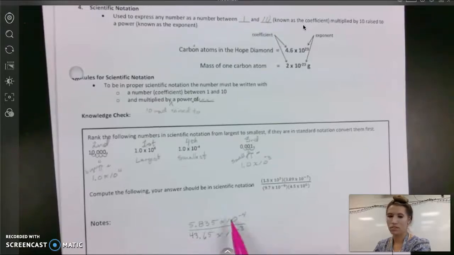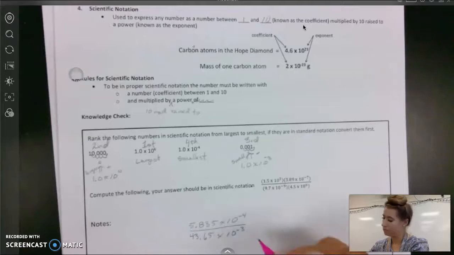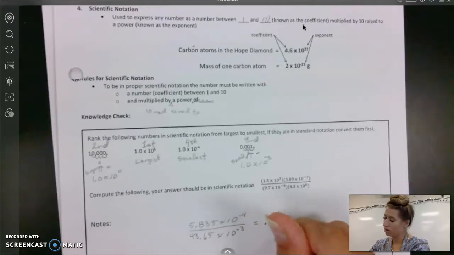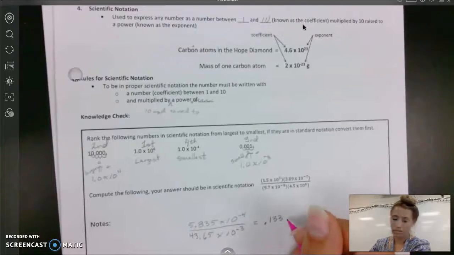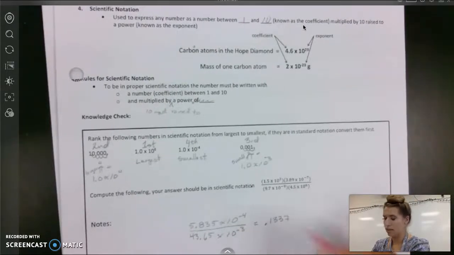So now we have two numbers in scientific notation, and we're dividing them. And the way that you do this is similar. You're going to divide your coefficients, and then you're going to subtract your exponents. So 5.835 divided by 43.65, that gives us 0.133677, etc. Okay, so we'll end it there.